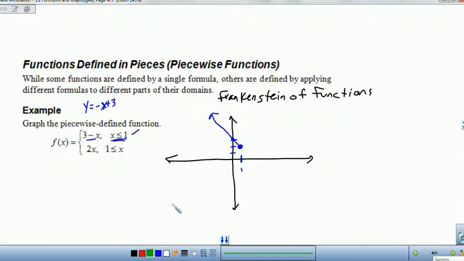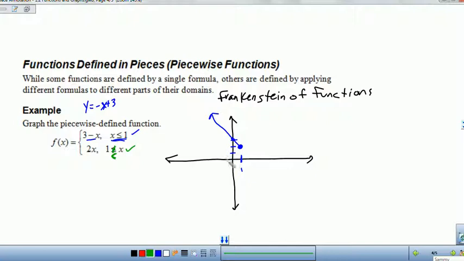Let's go ahead and graph our second function. It's when x is greater than, just greater than, not both of them can be equal to. Actually, in this case it could be because they come to the same value, but normally you wouldn't have that. So let's just do greater than. Anyway, 2x.